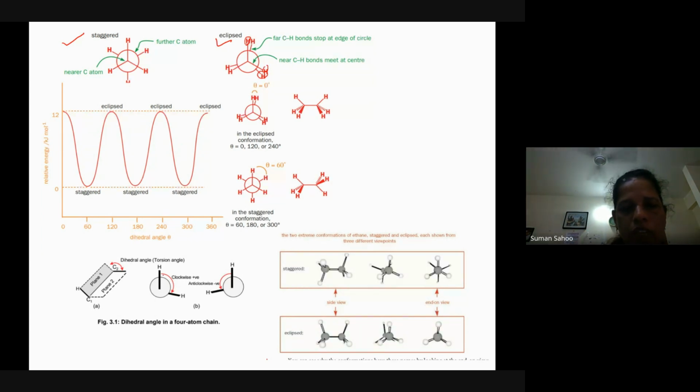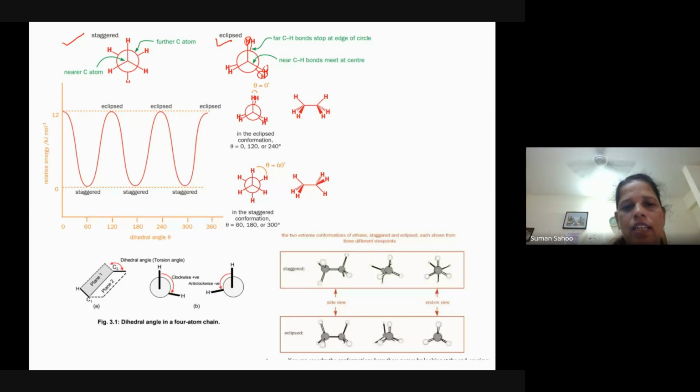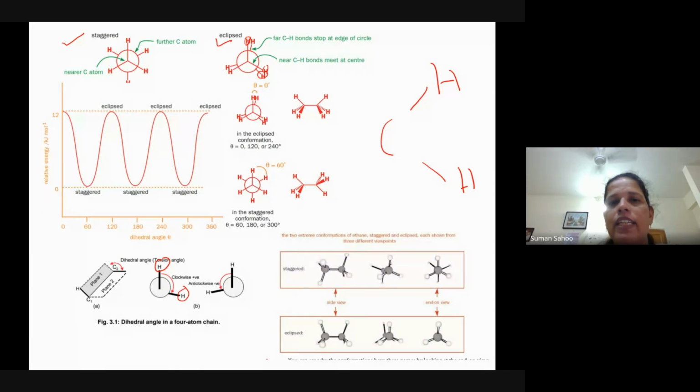So what is the dihedral angle? Suppose this is your front carbon hydrogen and that is your back carbon hydrogen. It is not this angle. This is the front carbon and its hydrogen, and the back carbon and its hydrogen. That angle is known as the dihedral angle.